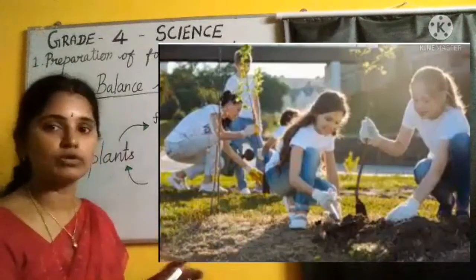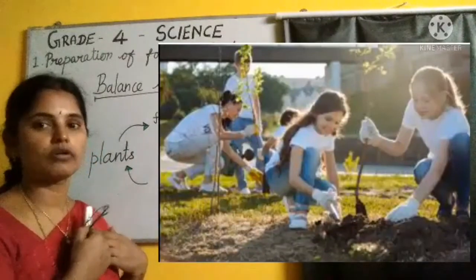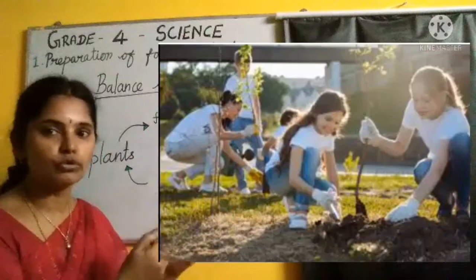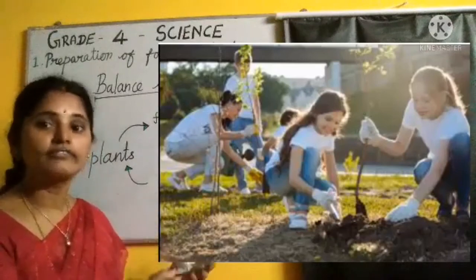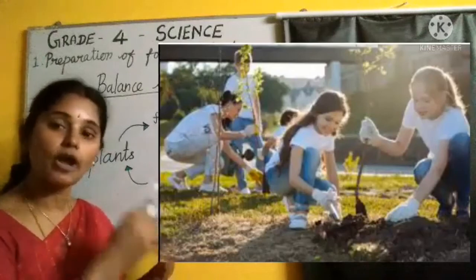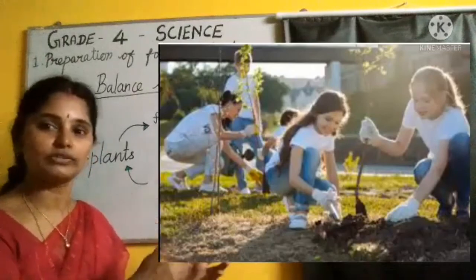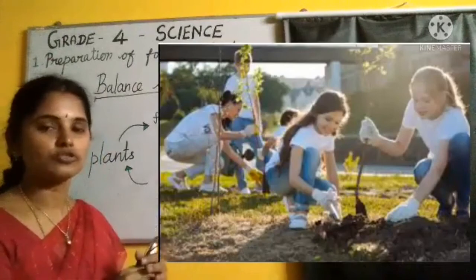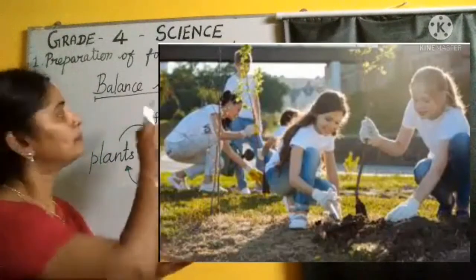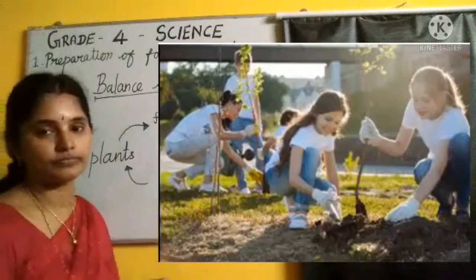We can adopt an already grown tree. I will take care of this tree. In our school garden, many trees are there. We can take care of any one of the trees. So that is adoption. We can adopt a tree and take care of it. So this is how we can maintain the balance in nature.